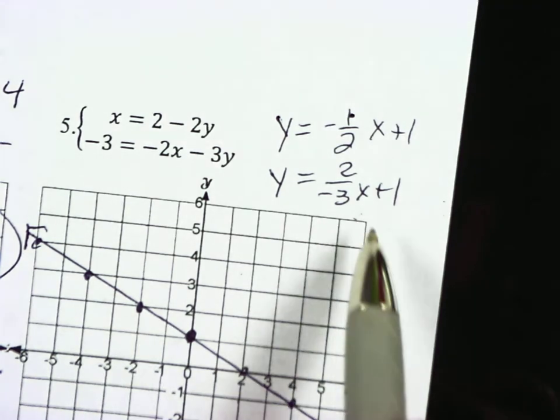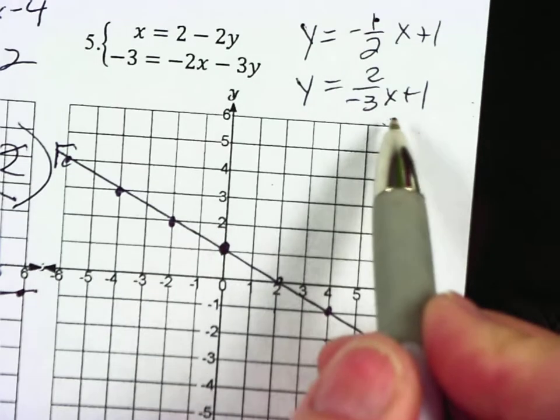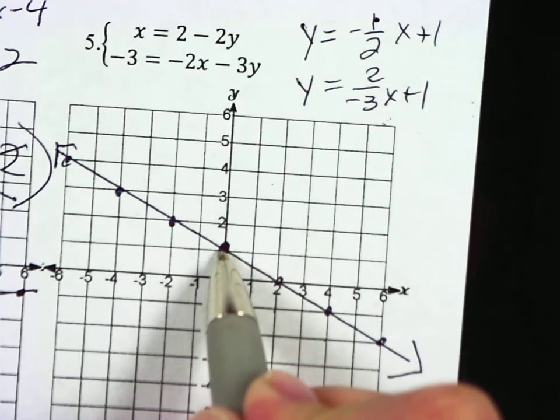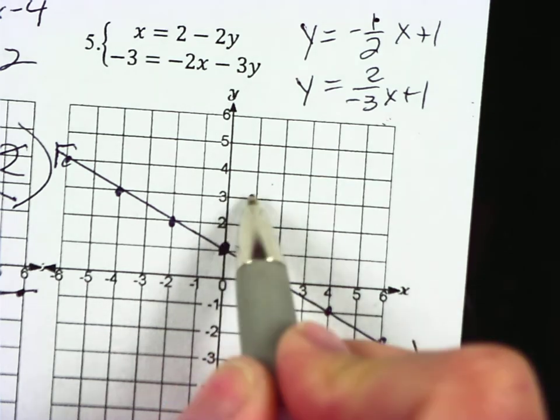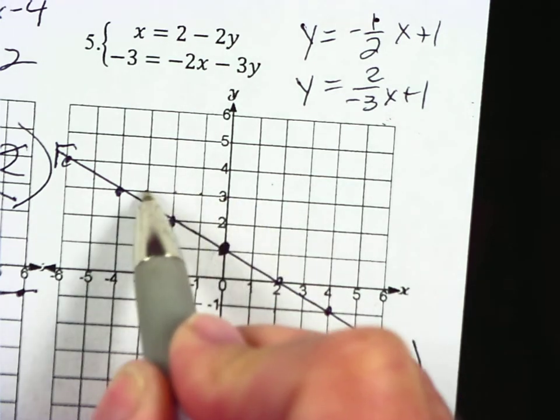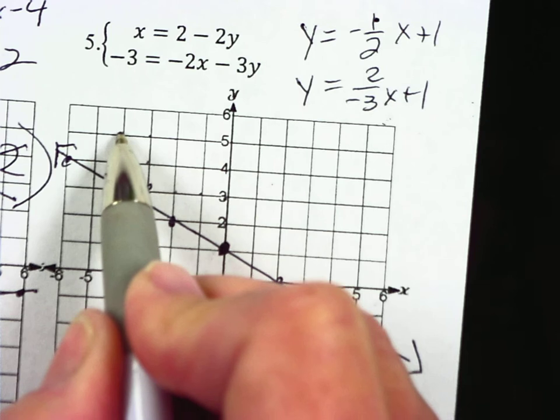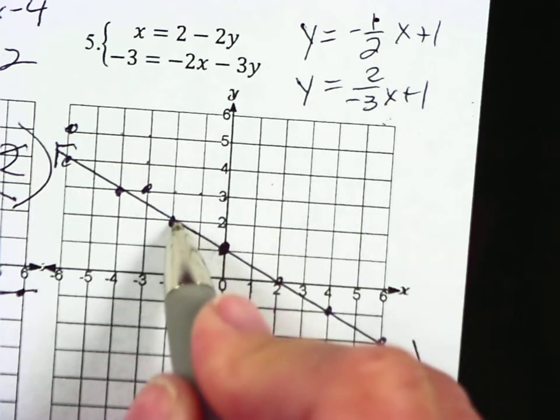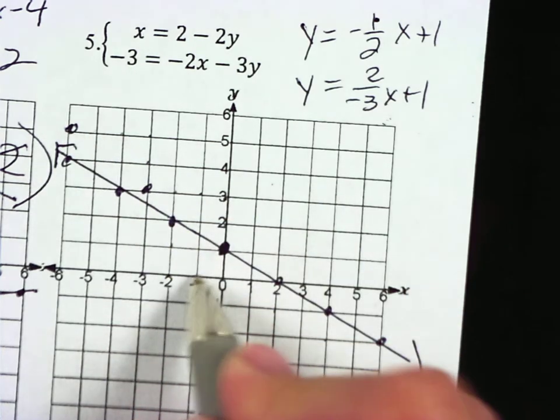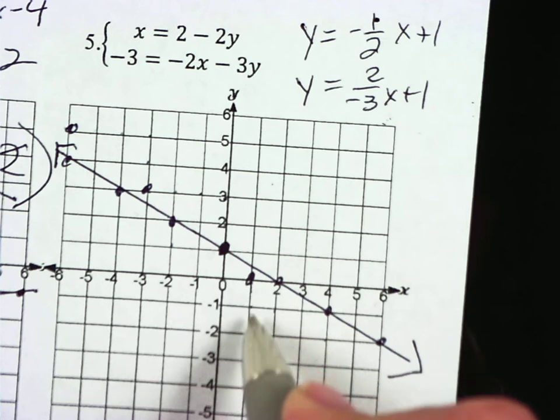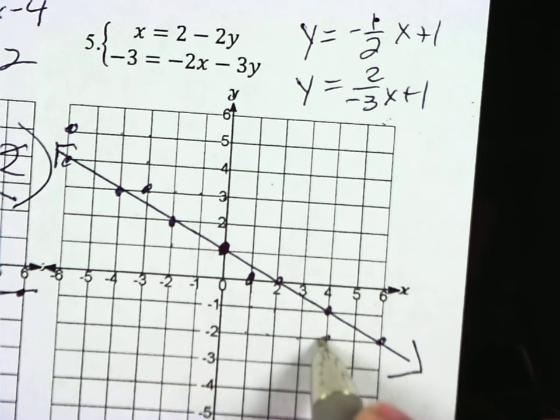And then I'm going to do plus 1 again, and I'm going to go up 2 and back 3, up 2, back 3, and I'm going to go down 2 and over 3 and down 2 and over 3.